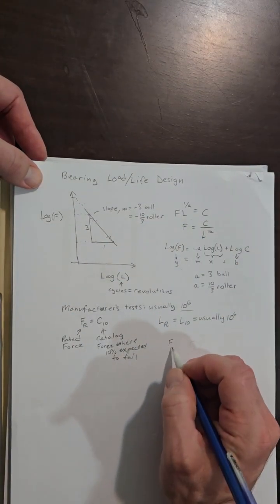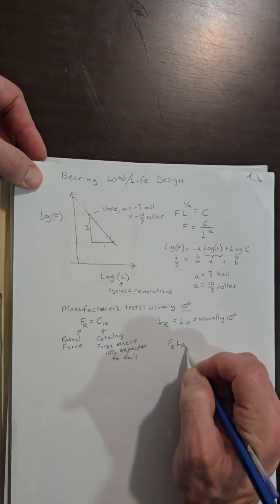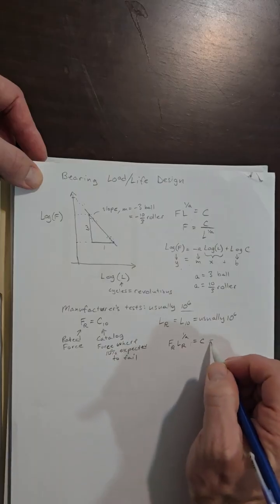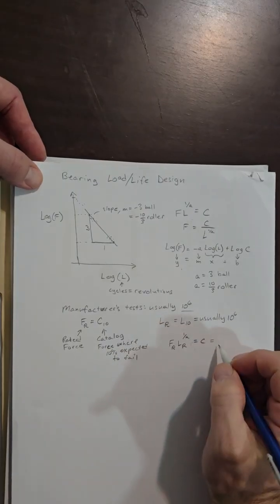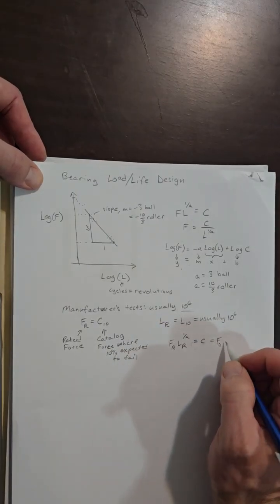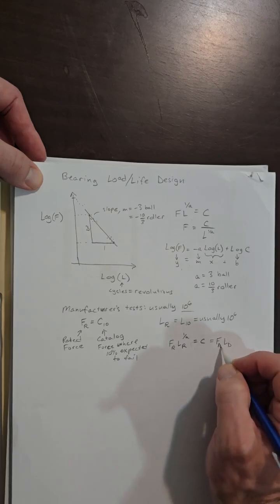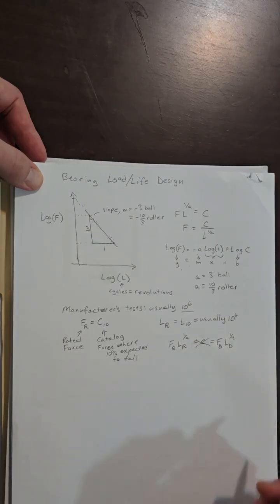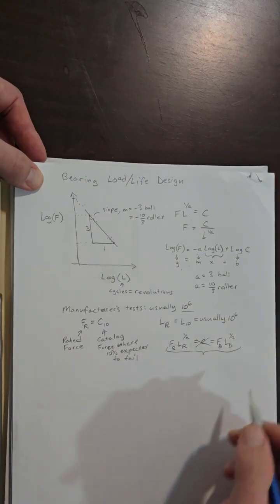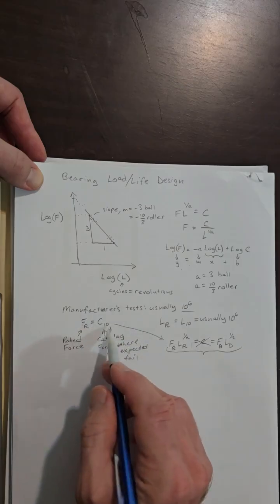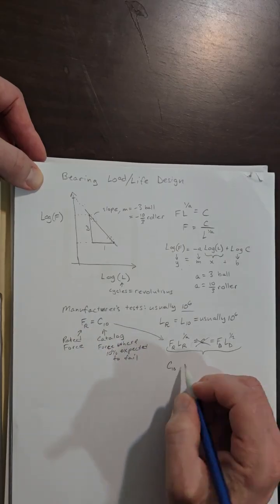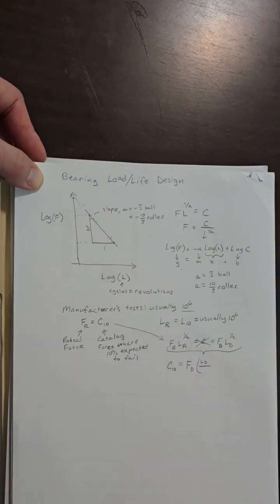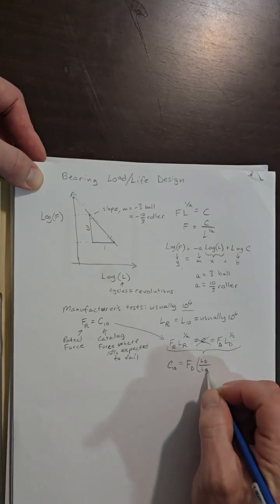Let's say that's the rated force times the rated life to the 1/A equals C. Because that's a constant, I know that for my purposes, my desired load times desired life, F_D L_D to the 1/A, is going to equal the same constant. So that's why I can ignore this C. If I rearrange this equation and use the principle that F_R equals C10, then I can get C10 equals my desired force times the ratio of the desired life divided by the rated life, to the 1/A.